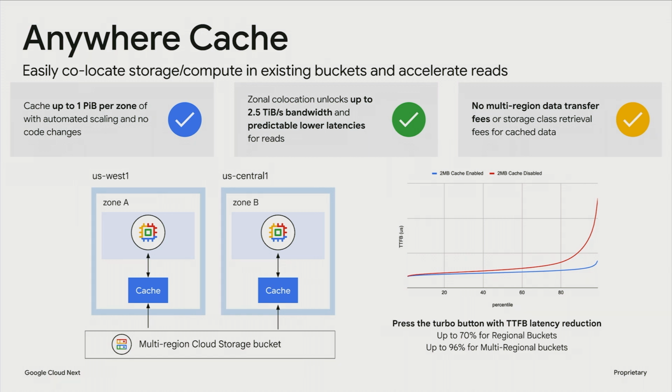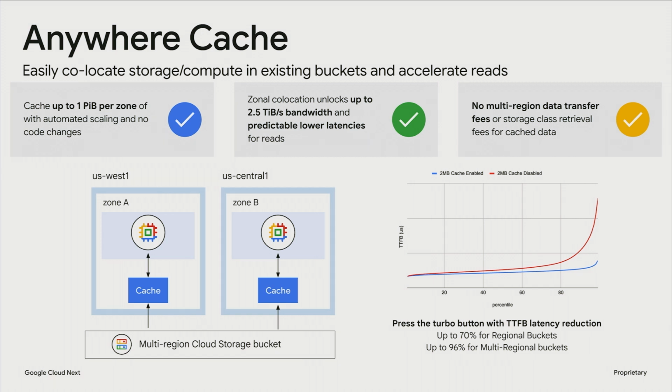When we talk about disaggregated storage, one challenge becomes: how can I get the flexibility and cost benefit of disaggregated storage, but still easily collocate my data with my compute, and also get some data acceleration and performance improvement on top of my object storage?